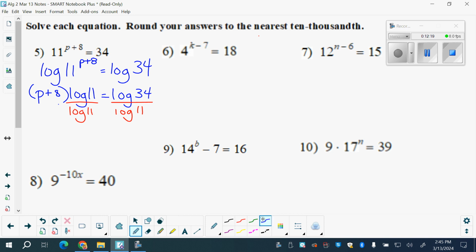So I get p plus 8 equals the log of 34 over the log of 11. And then what's next? Subtract 8.